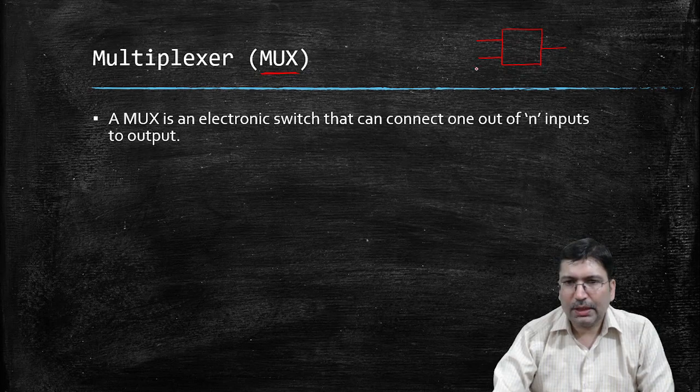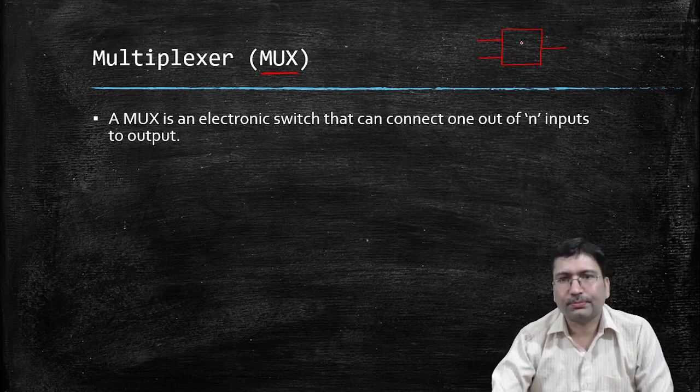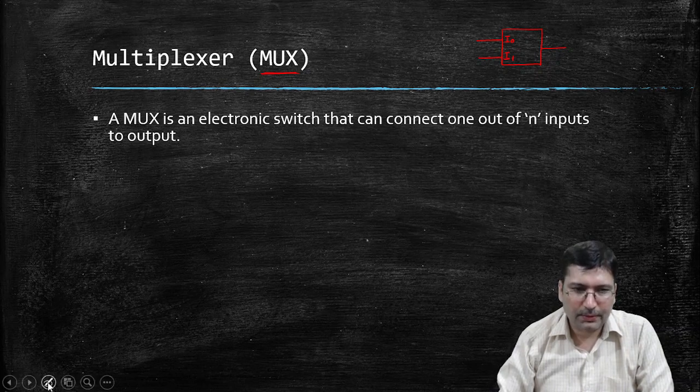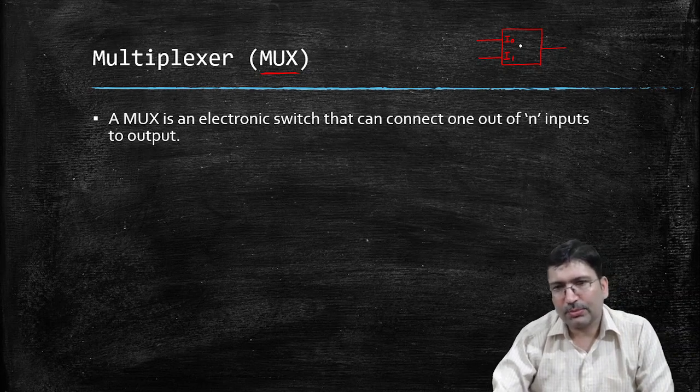Now what happens? There are multiple inputs and there is only a single output. Let's say this is I0, input 0, and this is I1, input 1. These inputs need to be switched to this output, and that is the role of the mux. The switching will be done based on some select lines.